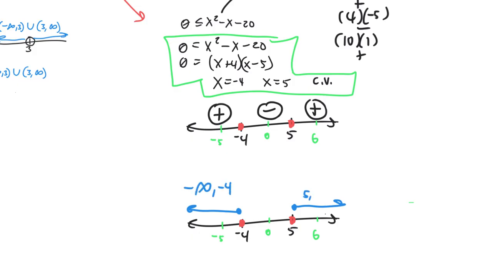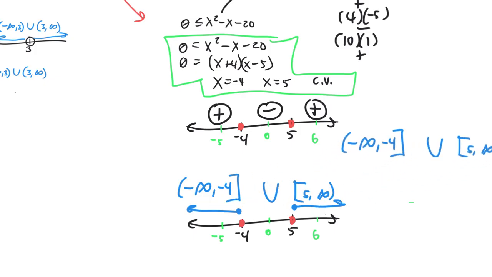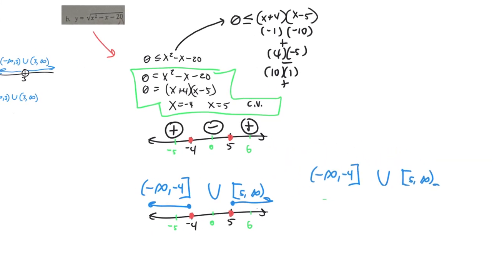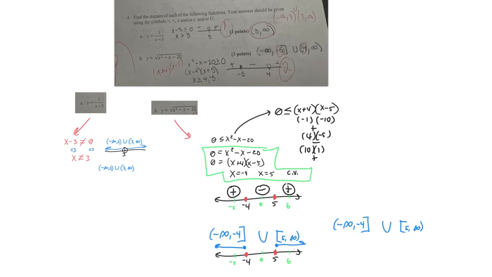We're looking at 5 to positive infinity. Always a parentheses next to infinity. 4 is included this time, therefore it gets a bracket. Similarly, bracket here and infinity, and then you have the union symbol in between, and that should be your answer to that other function with regards to the domain of this one.